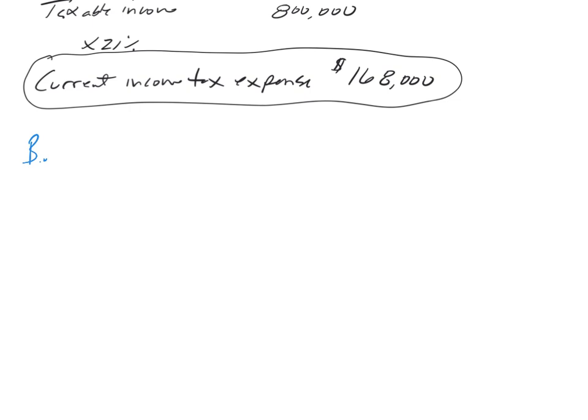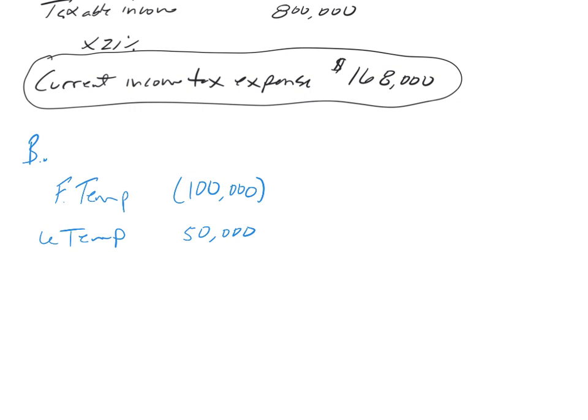We are not looking at our permanent differences. So we have a favorable temporary difference of $100,000, and we have an unfavorable temporary difference of $50,000.